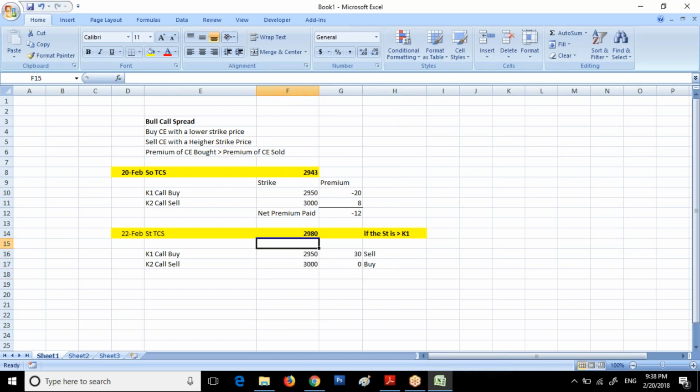Now here, 30 is the net premium received. So what will be your profit? This plus this, simple. So your net profit becomes 80.